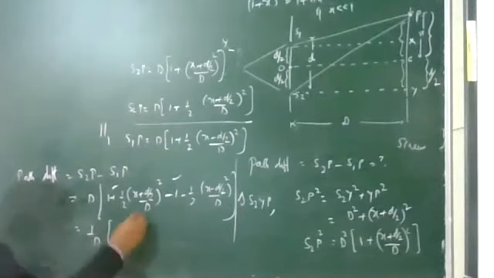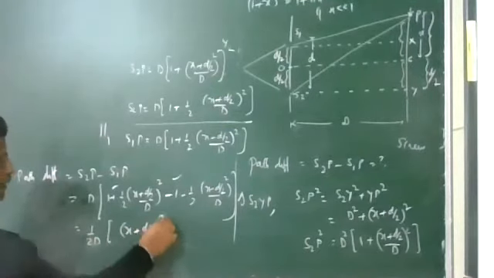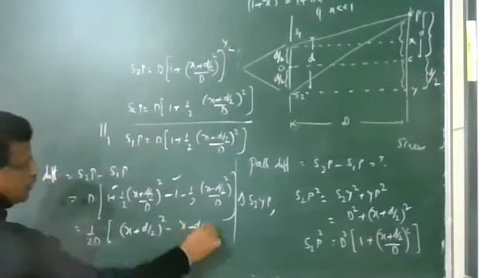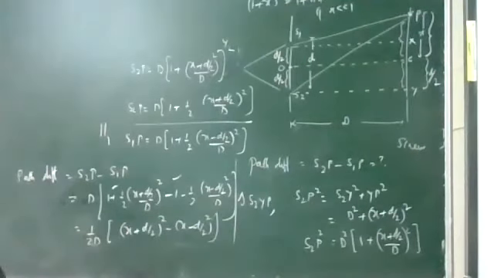So remaining we get X plus D by 2 whole square minus X minus D by 2 whole square. This is A plus B whole square minus A minus B whole square, which will be 4AB.